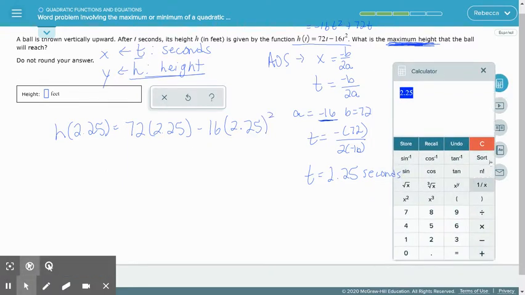So we want to take 72 times 2.25 and subtract 16 times 2.25, and then I'll square it outside of it. And that tells us it's 81. So we get 81 feet for the height.